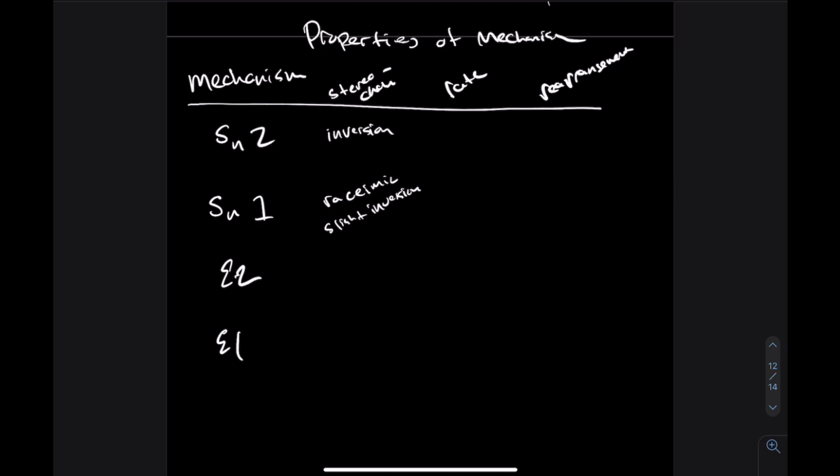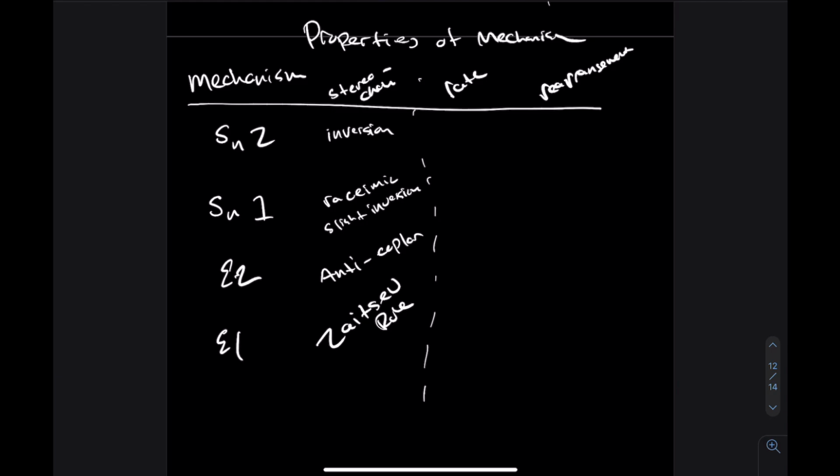E2 eliminations have strong requirements with the anti business. We actually call it the anti-coplanar arrangement. That essentially makes sure that your leaving group and your departing proton have to be away from each other. And both of these are governed by Zaitsev's rule to some extent. And that's the rule of substitution: the better the substitution, the more stable the double bond.